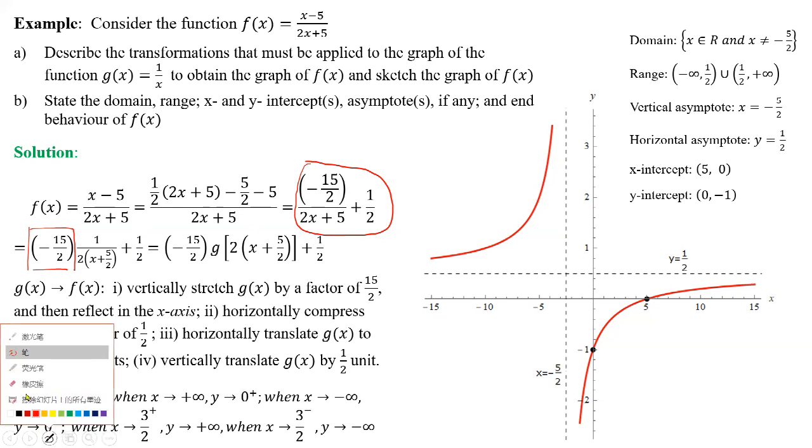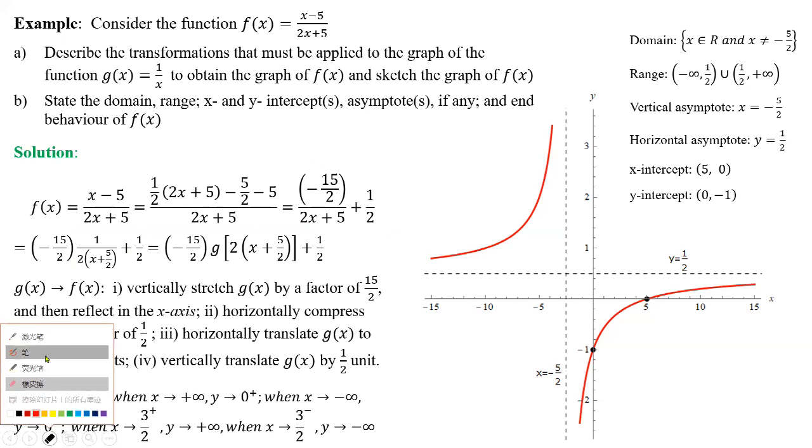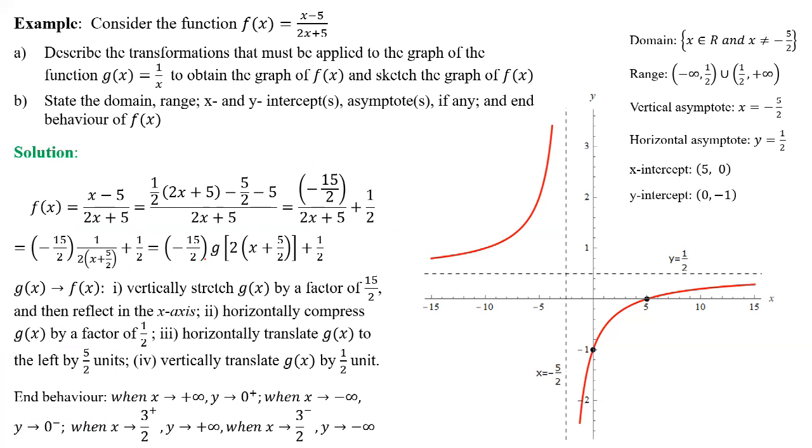And this is actually some translation applied to g(x), right? This is a vertical stretch or compression factor. This is a horizontal stretch or compression factor. And then this is a horizontal translation factor. And this is the vertical translation factor, right?